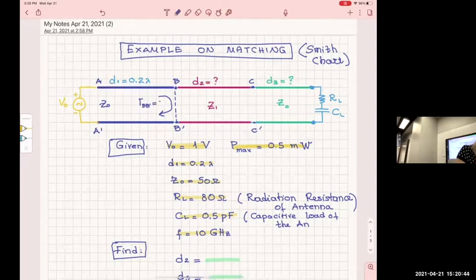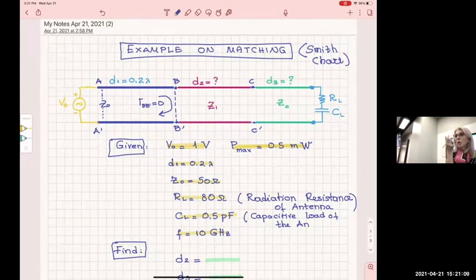Why is that? If I make it equal to 0, then it is going to be 0 everywhere on my line, right after it immediately. If I'm sitting somewhere right here, I will see a 0 reflection coefficient, which means that my source is going to deliver everything.